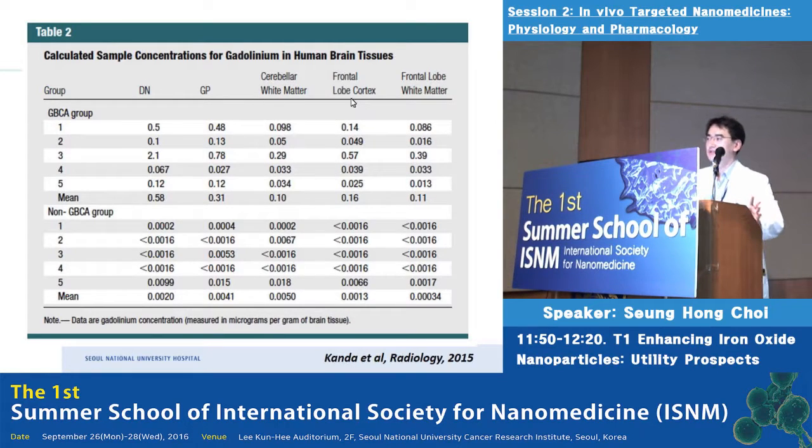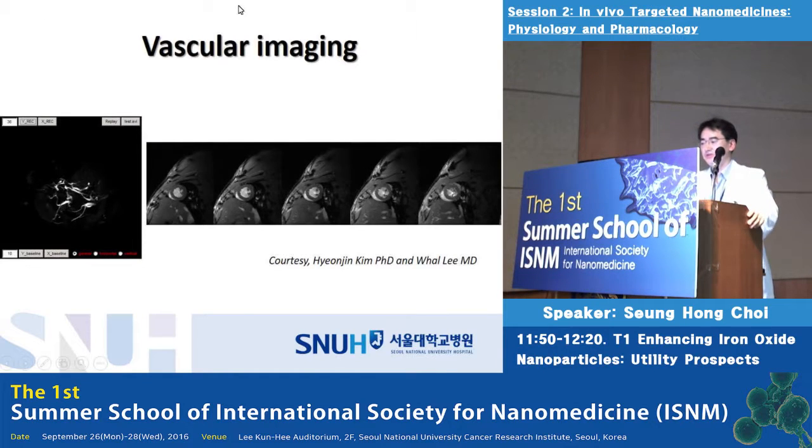His group found gadolinium agent accumulation in the brain, but it is still not clear whether the accumulation of gadolinium agents in the brain causes a problem, such as neurodegeneration. It's not sure. Okay, because of these two issues, recently some research is using nanoparticles.